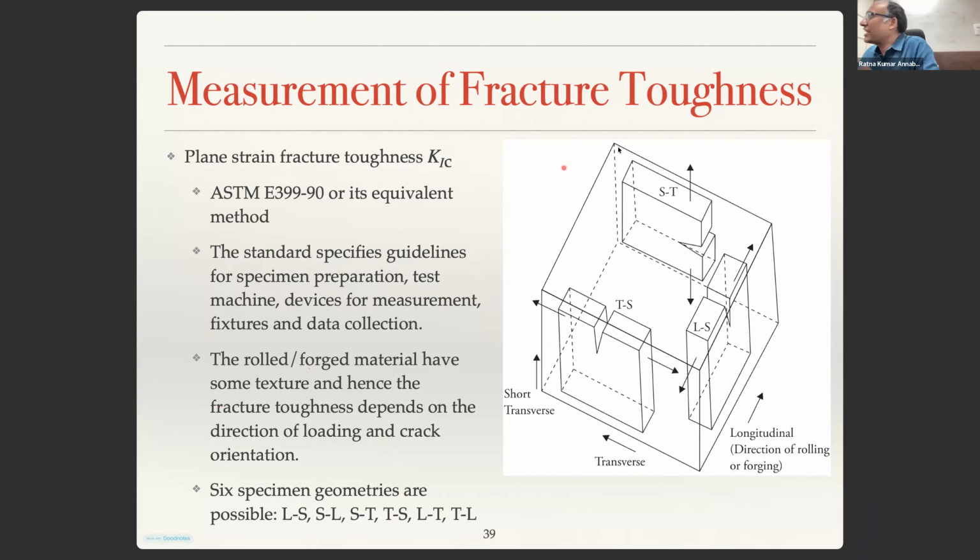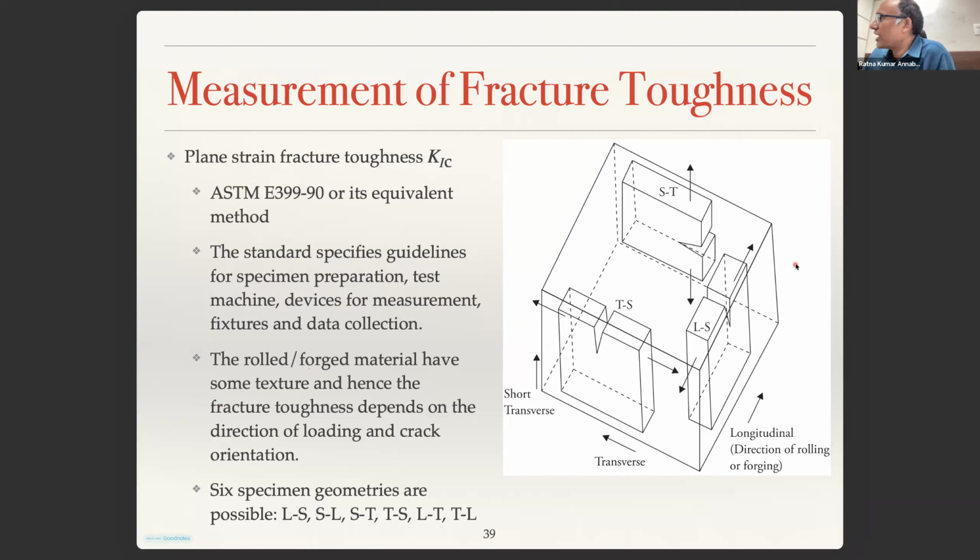So here if you take an ingot, there are various ways that you can cut a specimen which is having some texture to it. This is direction of rolling. Suppose if you have a specimen which is forged, and then there is a rolling direction which will create a texture. As a result, you will have some grain orientation, right? And hence fracture toughness depends on the direction of the loading and crack orientation. So there are 6 specimen geometries that are possible.